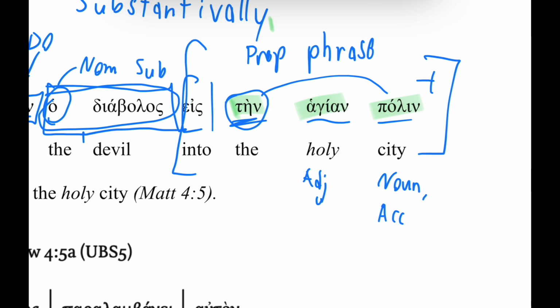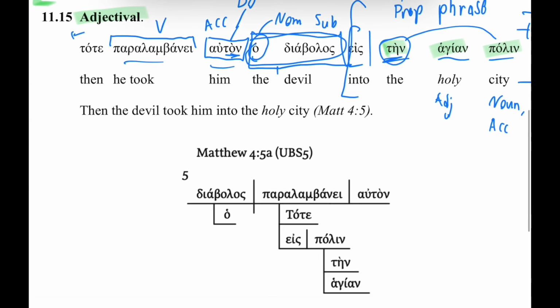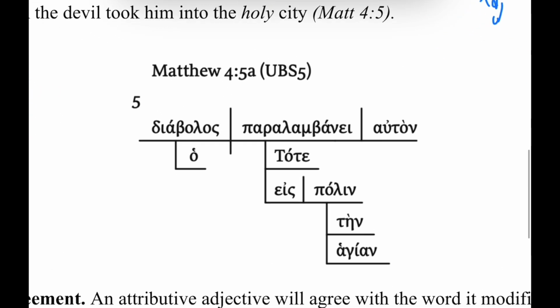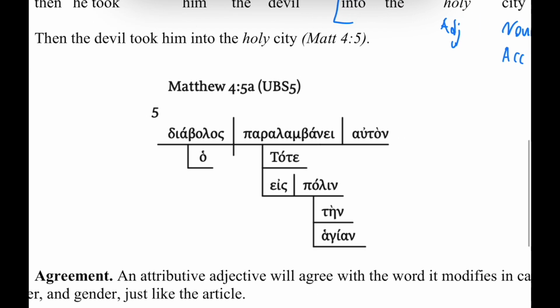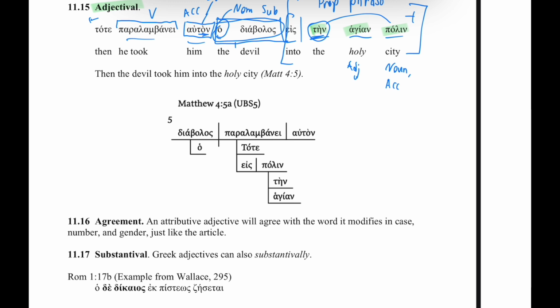Now, what I did here is I diagrammed this, and this is the first time in these videos that you're seeing a diagram, so don't be overwhelmed. I may post a second video explaining how to understand these diagrams, but basically your simple diagram is going to look like this, where you have subject, verb. If you have a vertical line, that's your direct object, and anything underneath that is modifying.